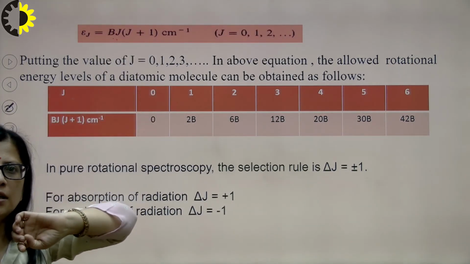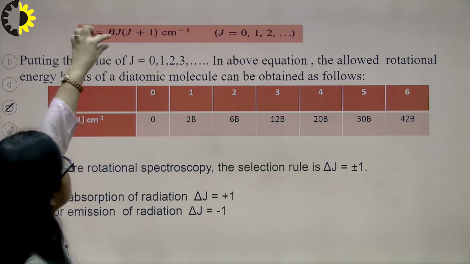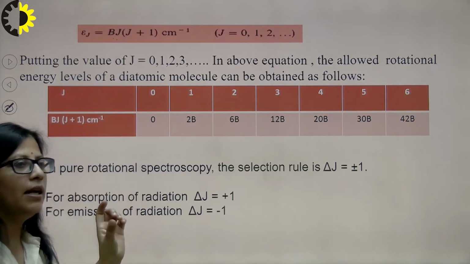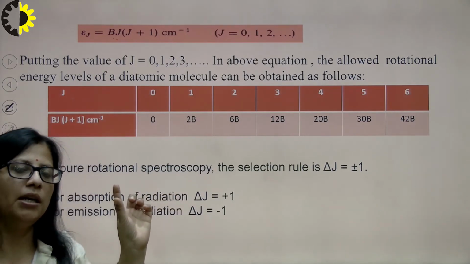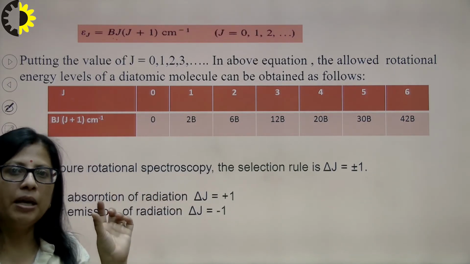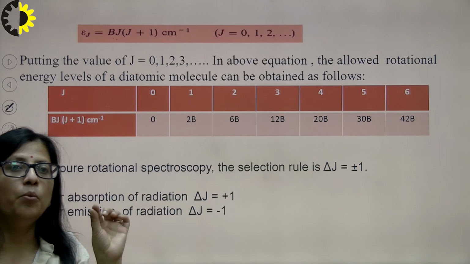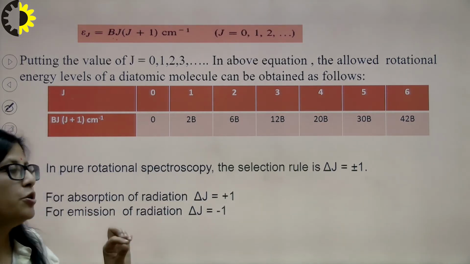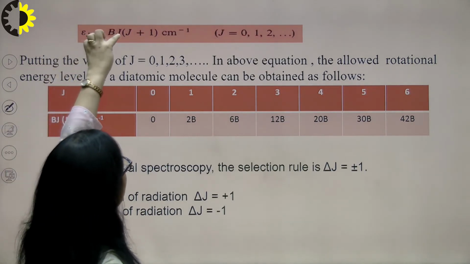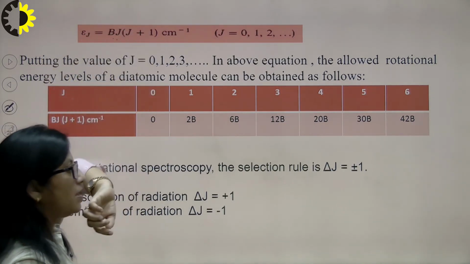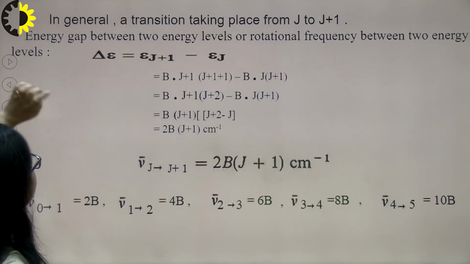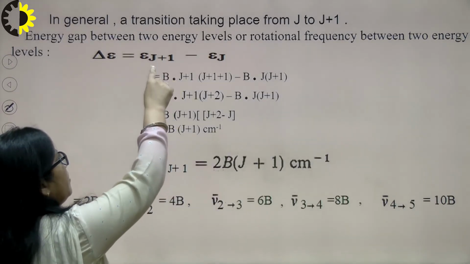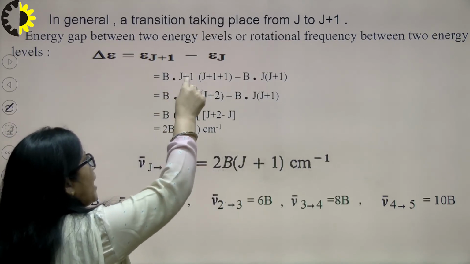For the higher energy level, in both the cases we are going to add 1, only then we calculate the higher Ej plus 1. So, it will become B multiplied by j plus 1 multiplied by j plus 2.